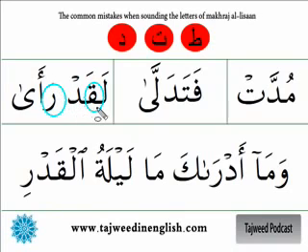Also, don't forget the qalqala. لقد رأى. Here, the same thing, the dal is not to be mufakham as well. Some say وَمَا أَدْرَاكَ أَدْ وَمَا أَدْرَ, وَمَا أَدْرَاكَ مَا لَيْلَةُ الْقَدْرِ.